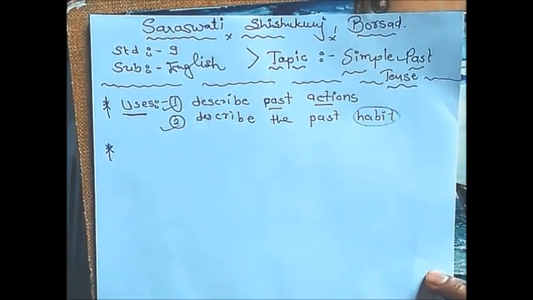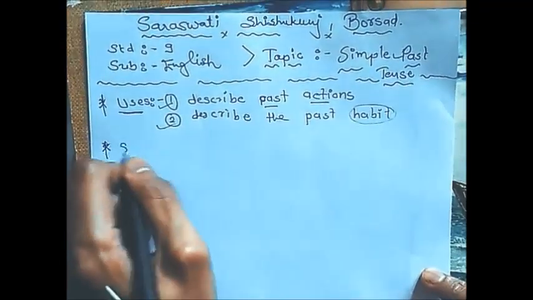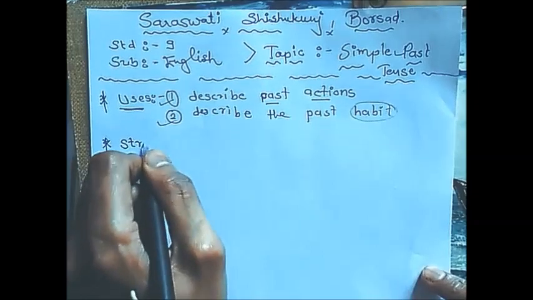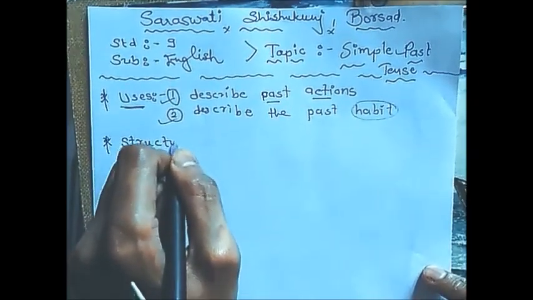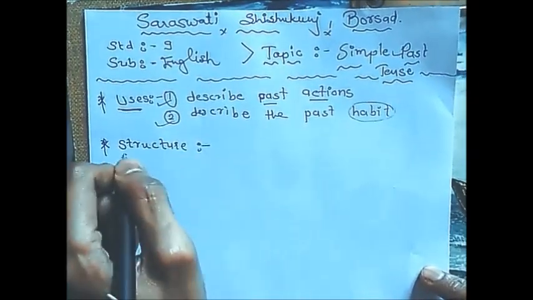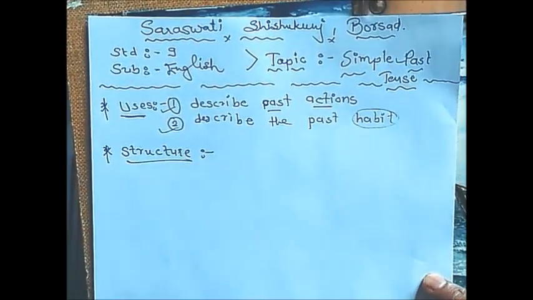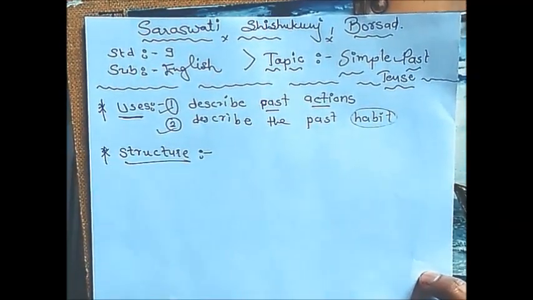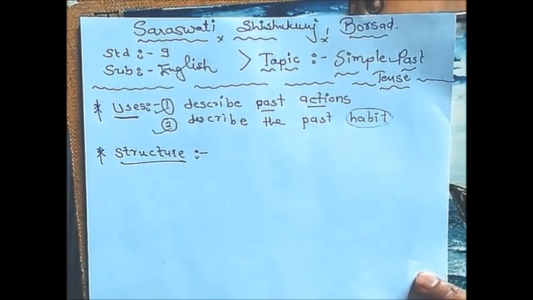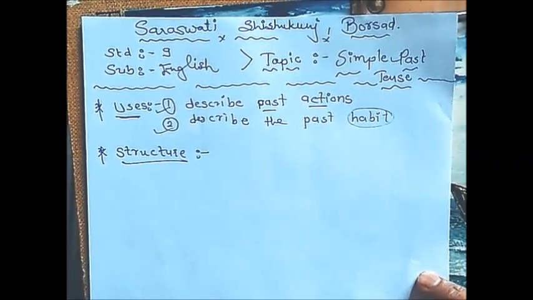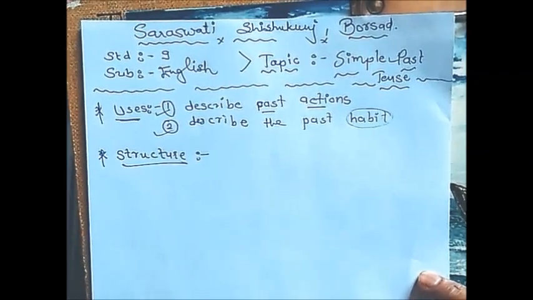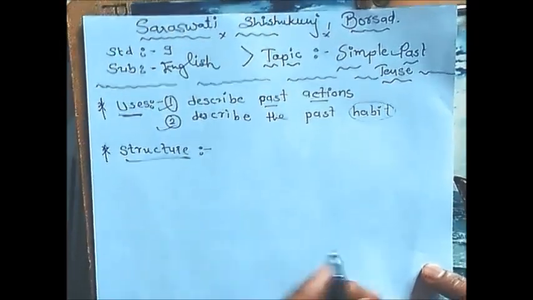Now let us come to the structure of this tense. What should be the structure? You know that in order to make any sentence, what do we need? That is subject, verb and object. Likewise here also we have to do the same thing.